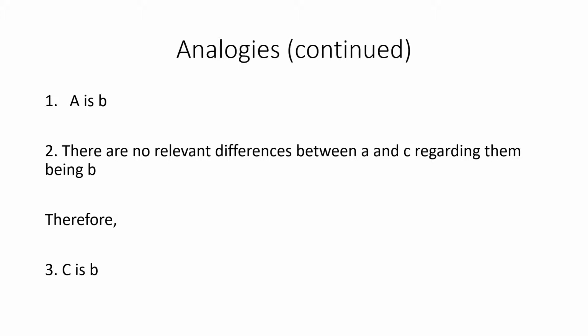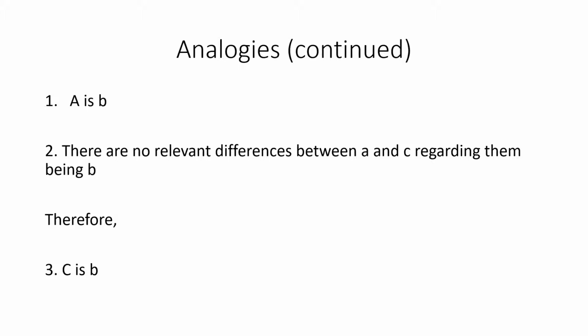We'll start with premise 1, that A is B. So one kind of thing, A, has some kind of property B. For premise 2, we put there are no relevant differences between A and C regarding them being B. So what this means is that you've got the one thing A, which has no relevant differences with C, and that both of them have B. Therefore, conclusion, C is B.